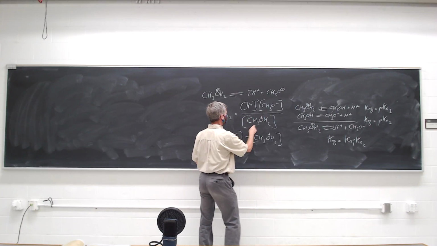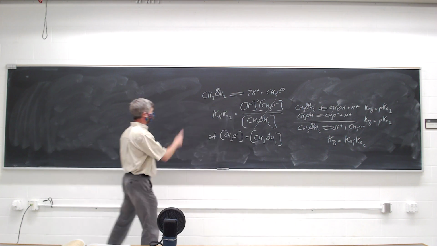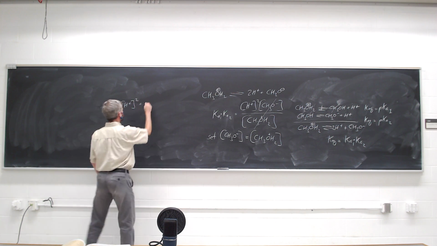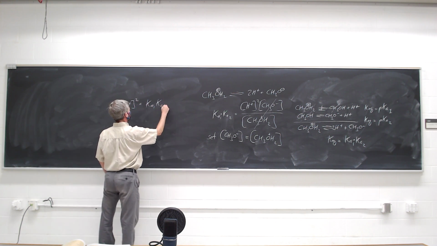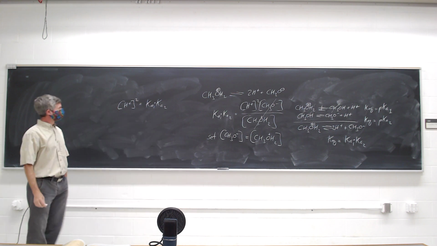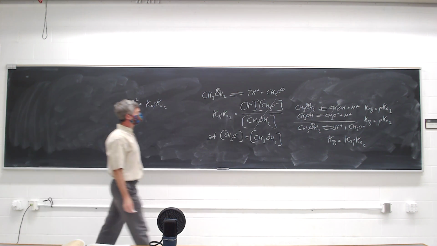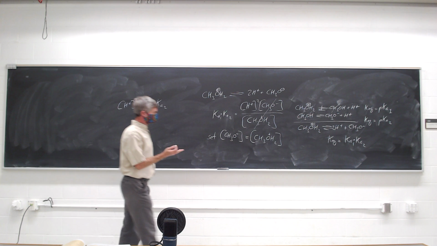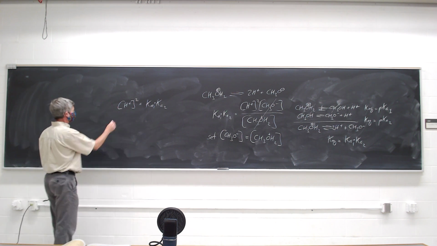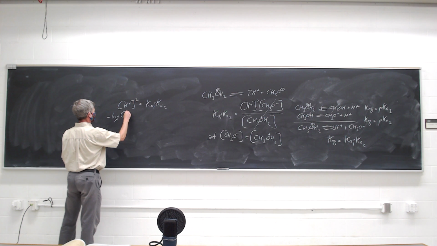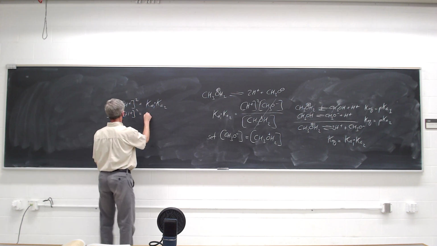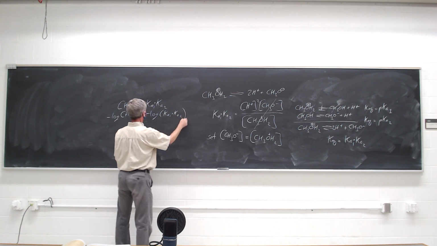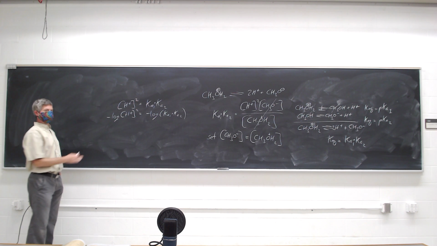So if I set those equal, this cancels. And what I have is that the concentration of H+ squared is equal to Ka1 times Ka2. That's a pretty easy equation that I got by just adding together the two reactions and multiplying the Ka's. If I take the negative log of both sides, how can I simplify that?